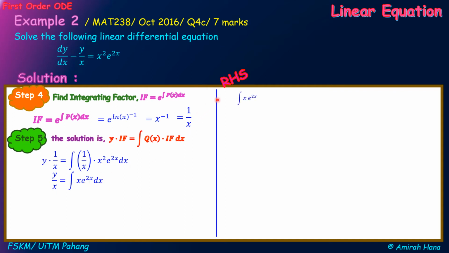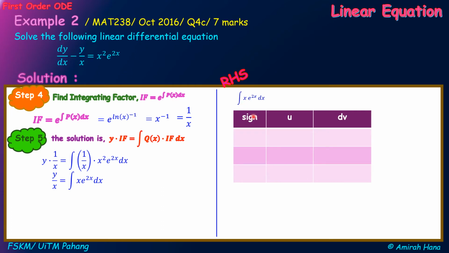For the right hand side function, we need to integrate x e the power of 2x dx using integration by parts. In integration by parts, if we have a repeatable function such as an exponential or trigonometric function, we can use tabular integration. Using tabular integration, we have 3 columns. The first column is sign, and then u, and then dv.